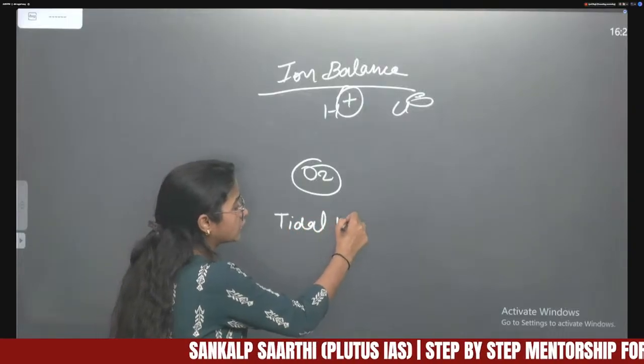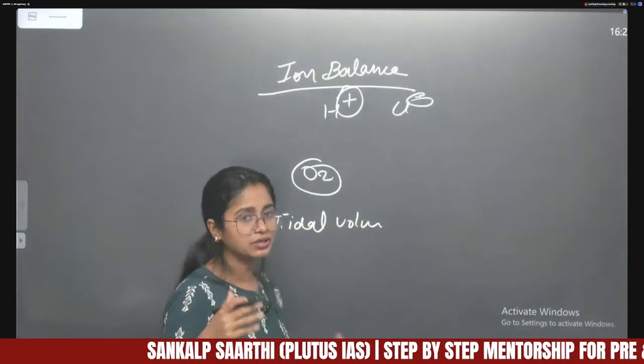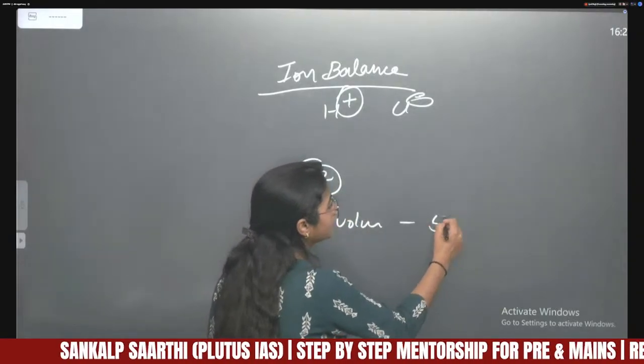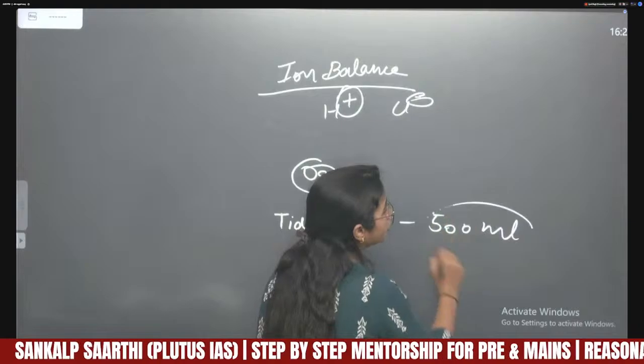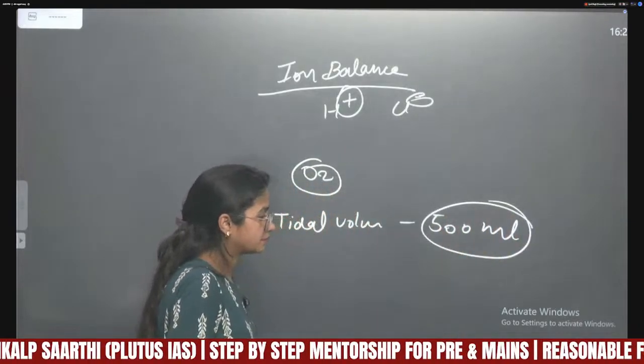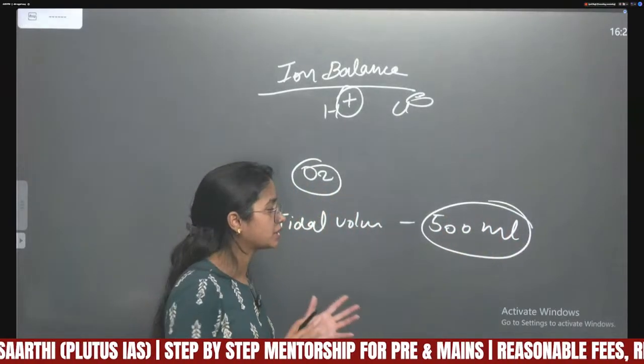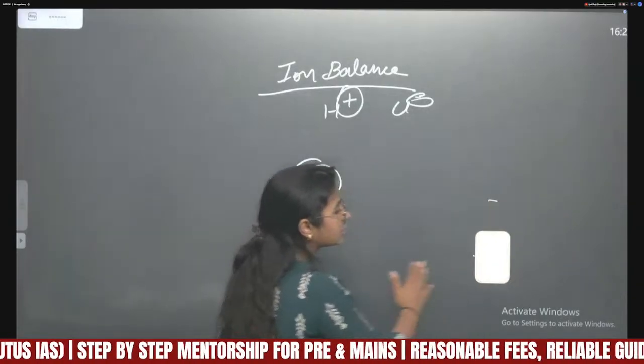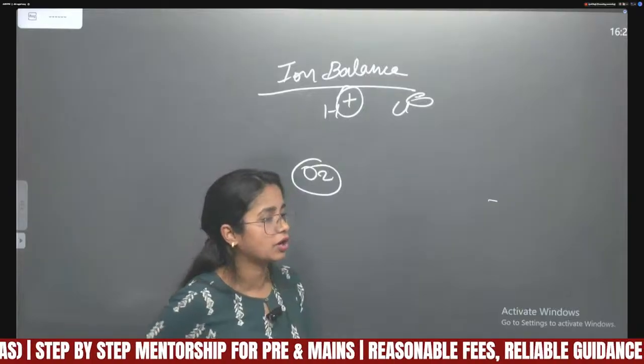Anyone know what the tidal volume is? During the resting position, we inhale 500 ml of air. Now in this closed room there is no oxygen source, so during exercise we do not have enough oxygen.